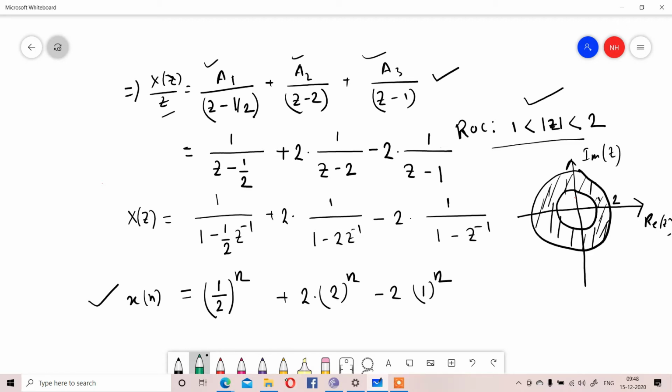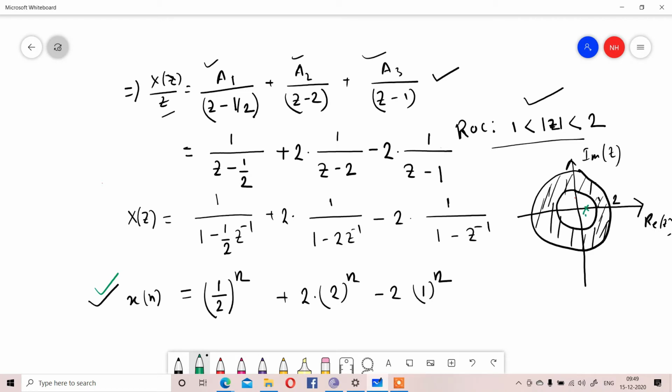Now, depending on that ROC, if we need to write the result, you have to put all the poles you have got over the ROC. So poles you have got are half, 2 and 1. So one pole will be here.